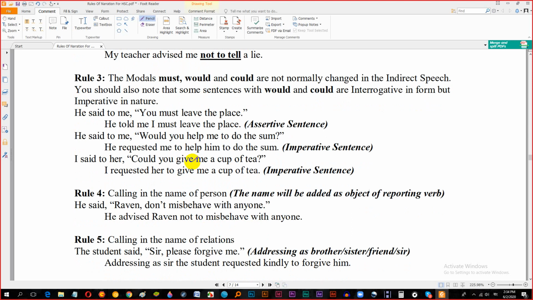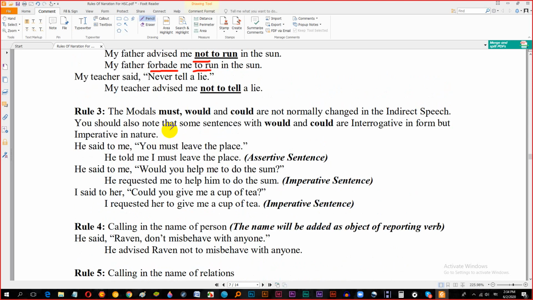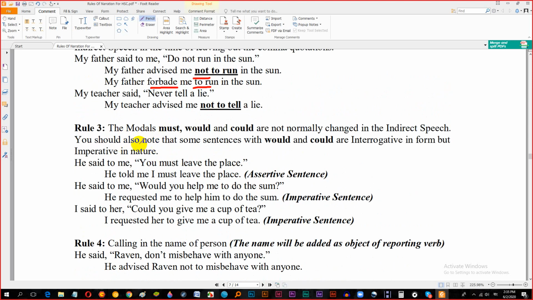In rule number 3 we find that the modals must, would and could are not normally changed in indirect speech. You should also note that some sentences with would and could are interrogative in form but imperative in nature. So actually the modals must, would and could are not normally changed in indirect speech.